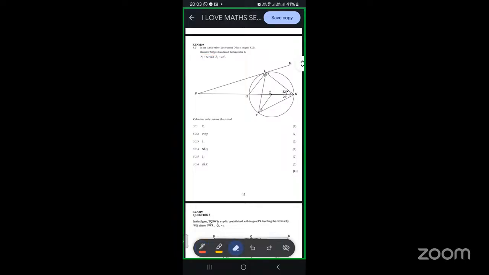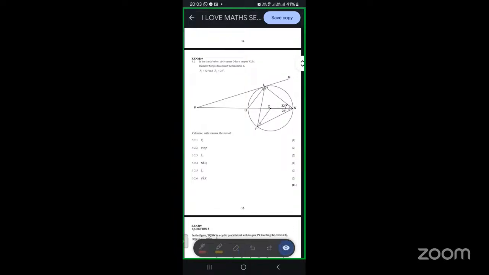And then NQ, that is the diameter, produced meets the tangent in K here. Then we are given the size of angle N1 is 32 degrees and the size of angle N2 is 23 degrees.